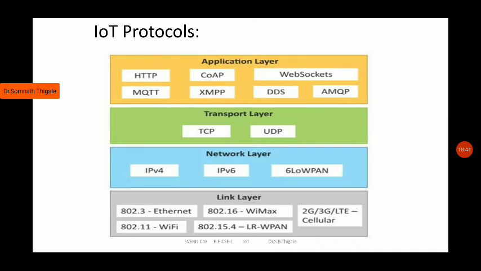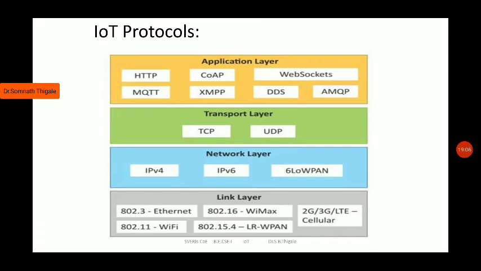Next is DDS, which is known as Data Distribution Service, and the basic purpose of DDS is data-centric middleware standards for device-to-device or machine-to-machine communication. And next is AMQP. As the name suggests, it is Advanced Message Queuing Protocol.